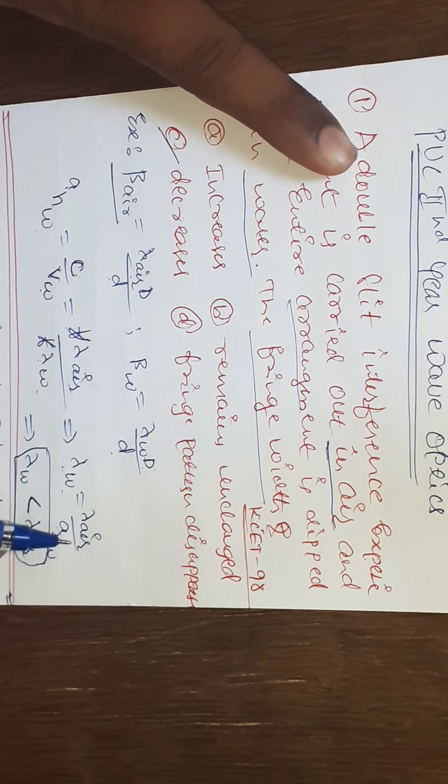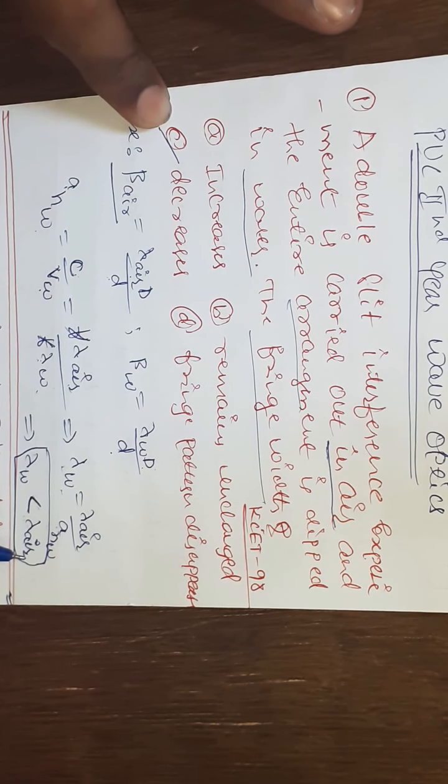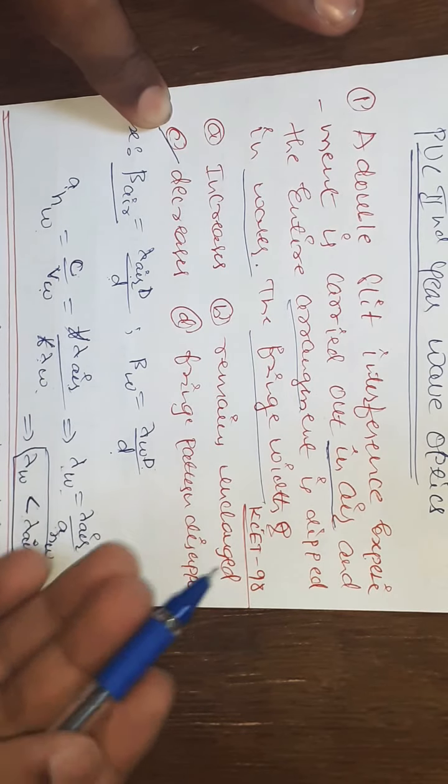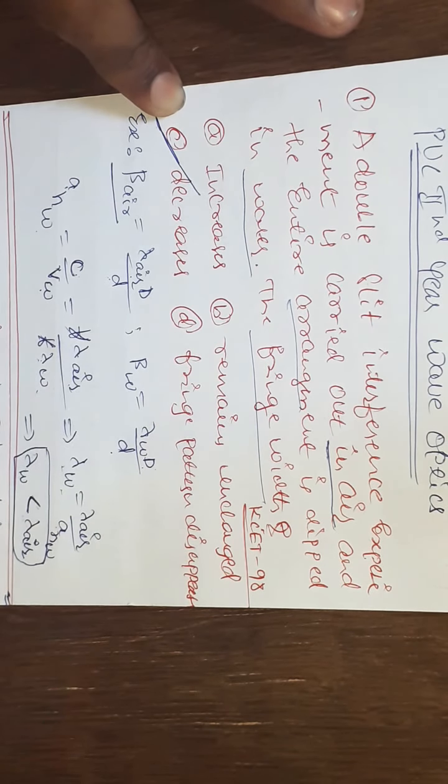Okay students, by observing this, the wavelength in water is less than the wavelength in air. So when the entire arrangement is dipped in water, the fringe width automatically decreases. So the answer is decreases.